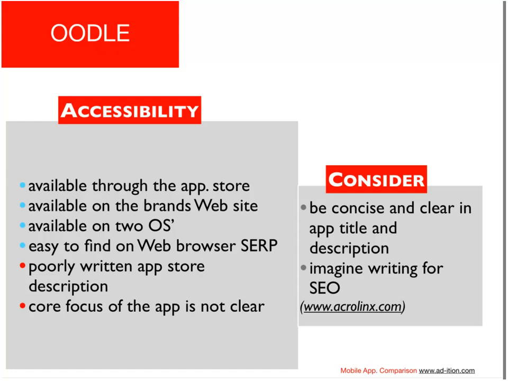If you look under the consider side of this slide, you'll see a URL here at the bottom. And of course, because we're recording this and you'll get the recorded webinar, you'll be able to get the URL at that point. But Acrolinks is an online service that helps businesses write great content. They'll ask you what content you're trying to write.